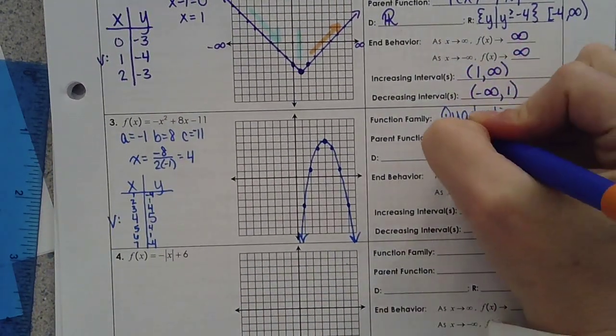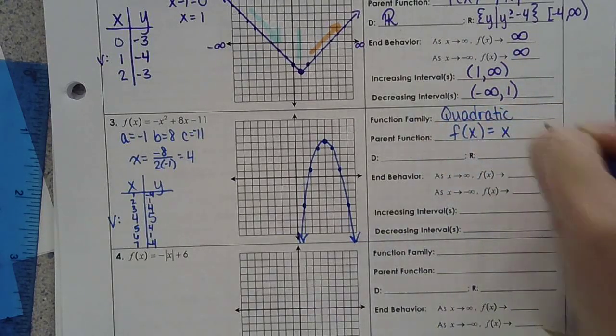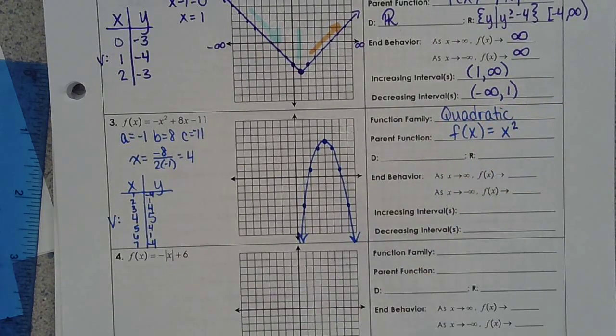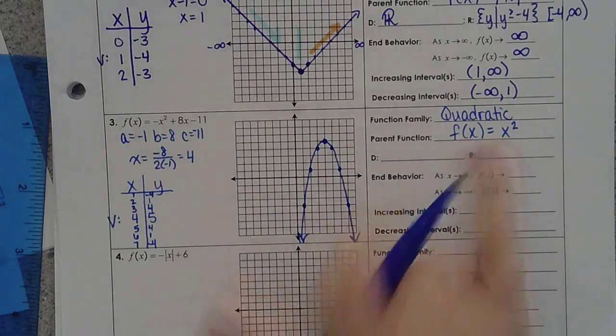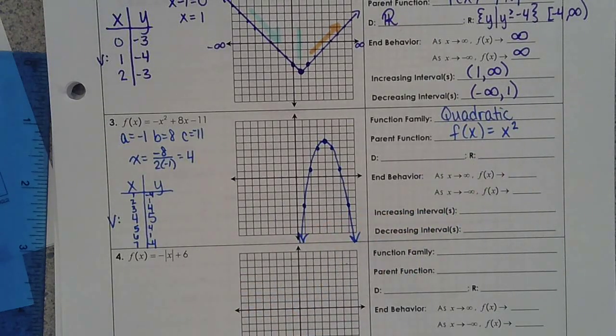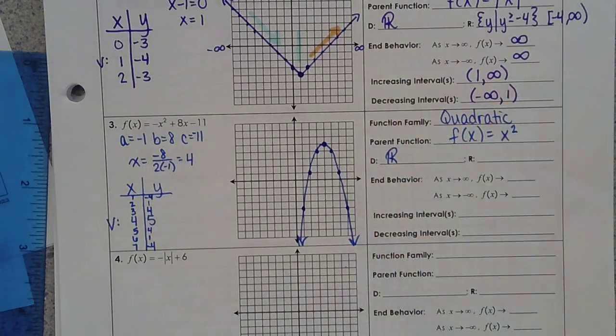The parent function for all quadratics, remember, it's x squared with the action and nothing else. So I take out any transformations, I take out any other numbers, no negatives. The parent function is the most base equation that we can come down to. My domain here is all real numbers.